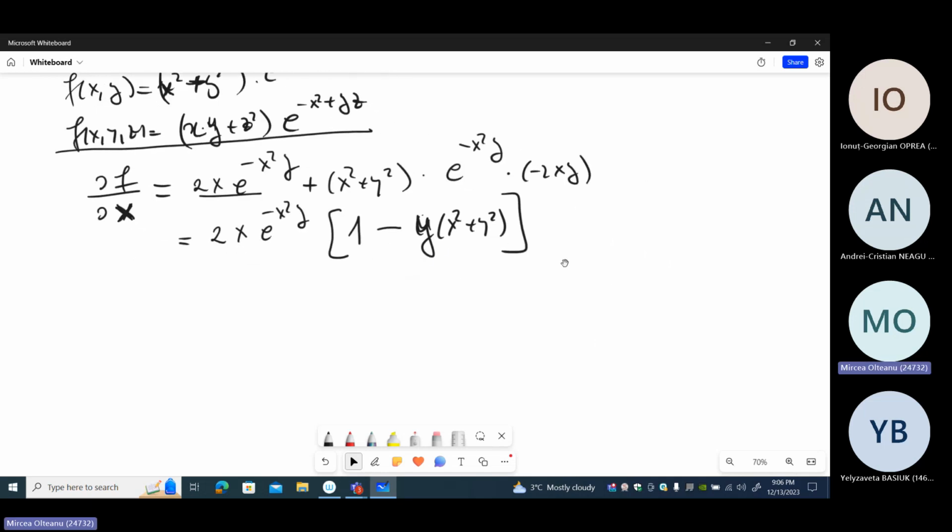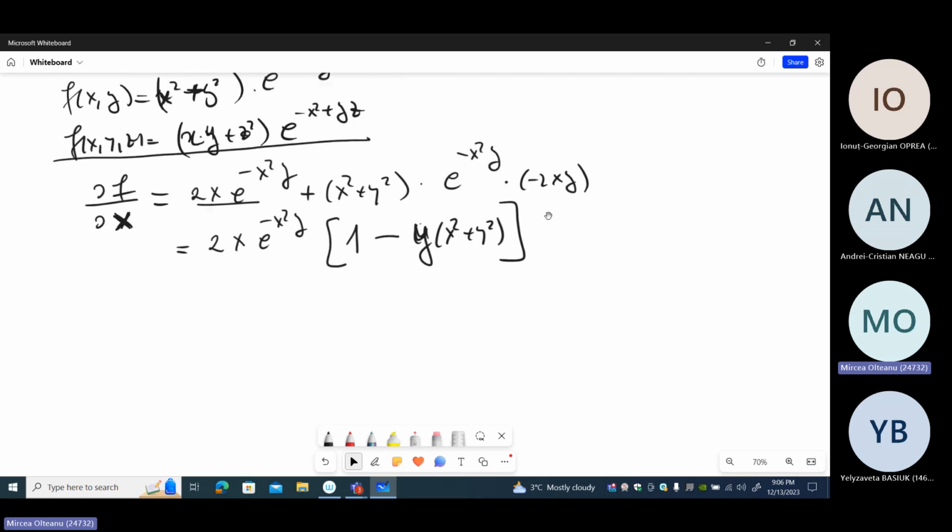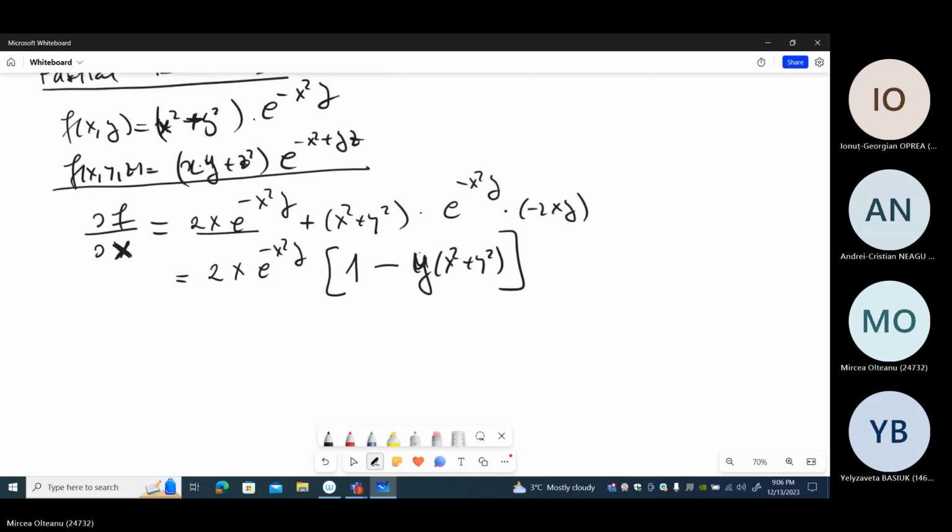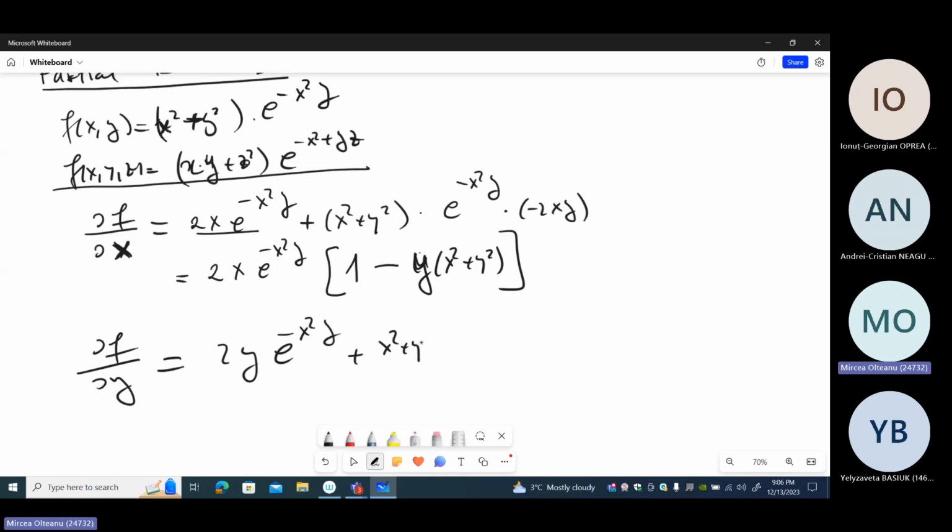Let's see, the partial derivative with respect to y of the same function. Again, it's 2y e at minus x squared y plus (x squared plus y squared) times the exponential. Now with respect to y, it will be e at minus x squared y times what? The derivative of minus x squared y, which is minus x squared.